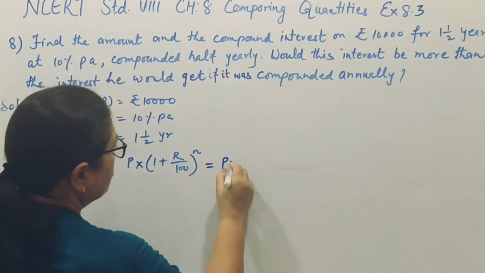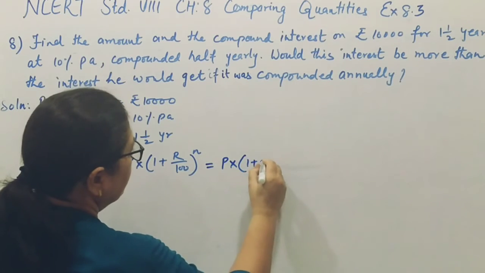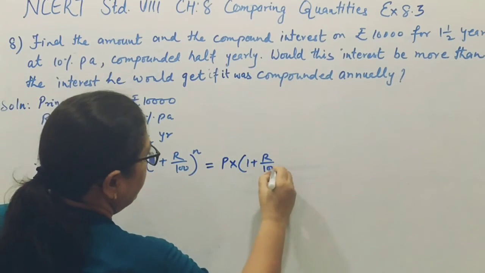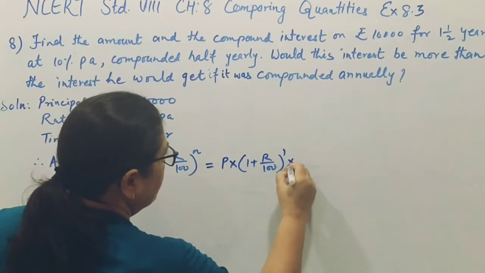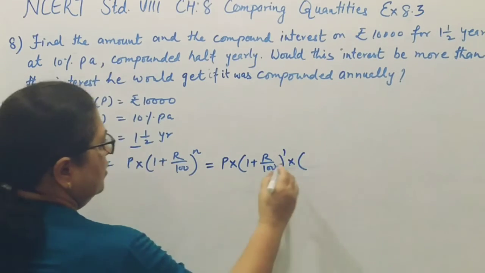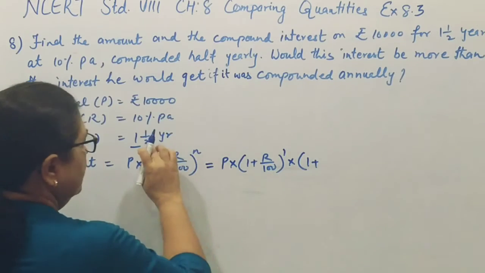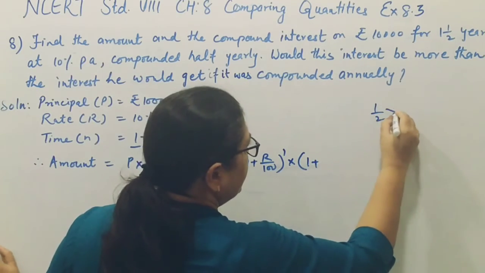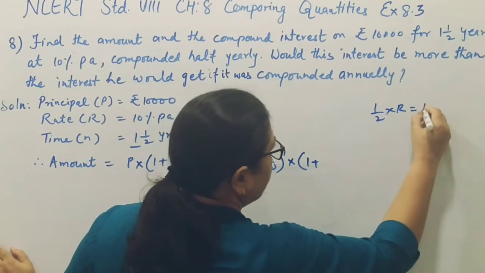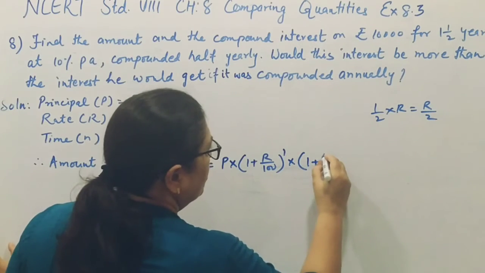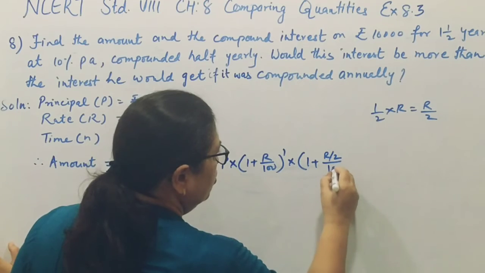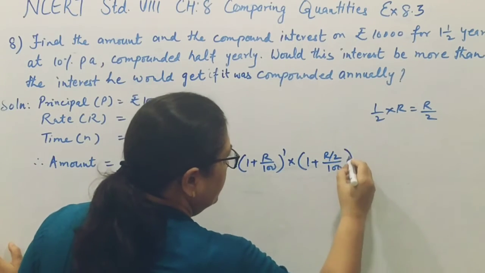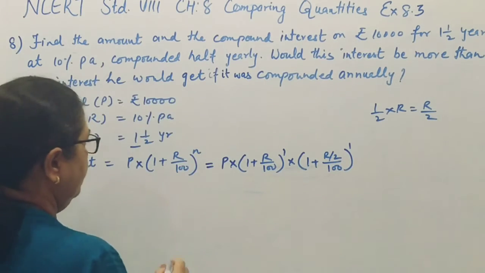Therefore, amount is equal to P into 1 plus R upon 100 for this first year, and 1 plus this half will get multiplied by R, so we will get R upon 2, and in the second bracket it is 1 plus R upon 2 upon 100 raised to power 1.